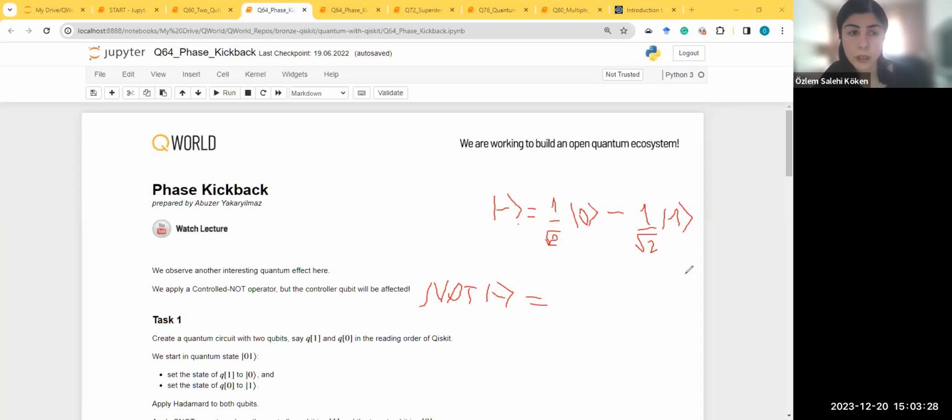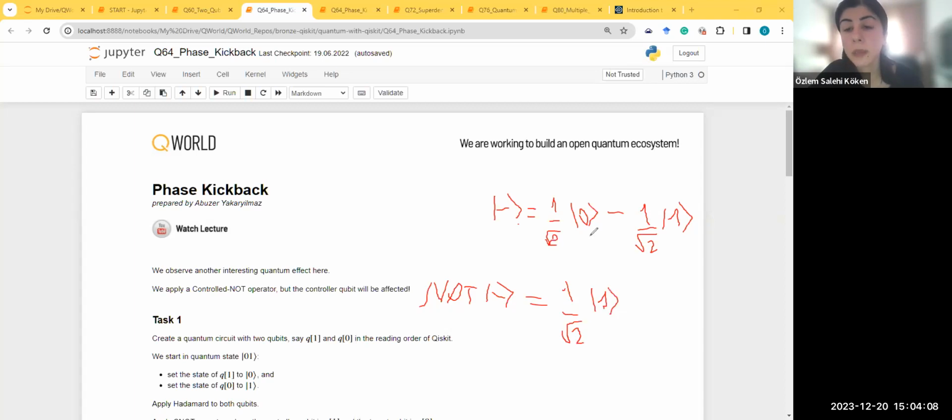There are 2 different answers. Any other answers? Or do you agree with them? Okay, let's try to see what happens. We have 1 over square root 2 ket 1 here. Why?